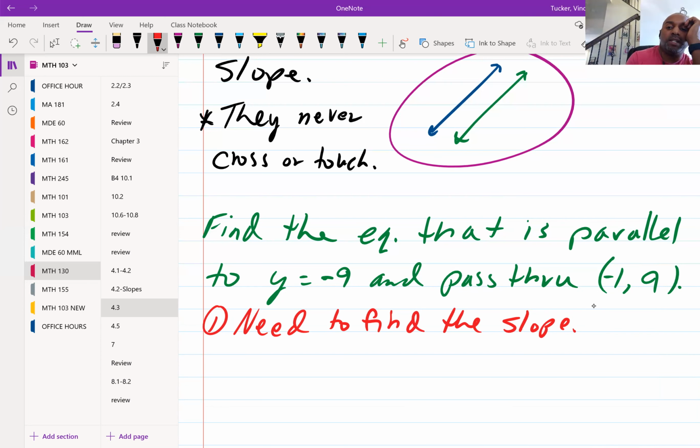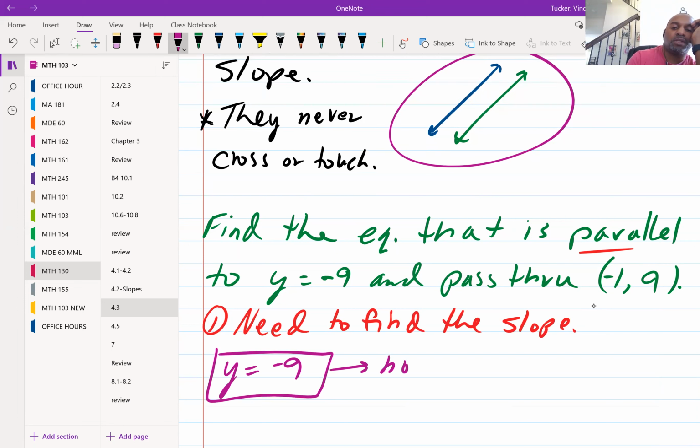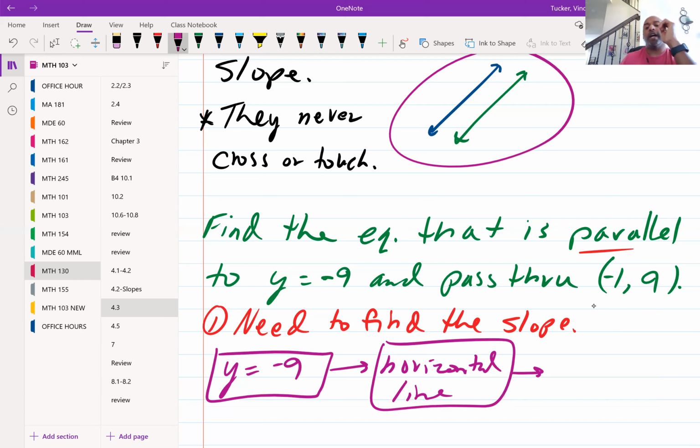Now, the key is that it's parallel to y equal to -9. So y equal to -9, we talked about that just a few minutes ago, is a horizontal line. We talked about the slope of a horizontal line is always 0. So that's always the case.